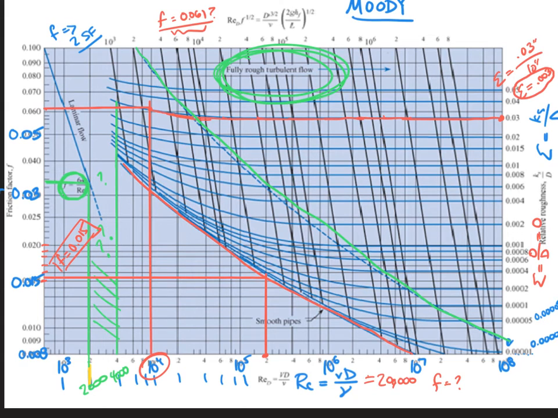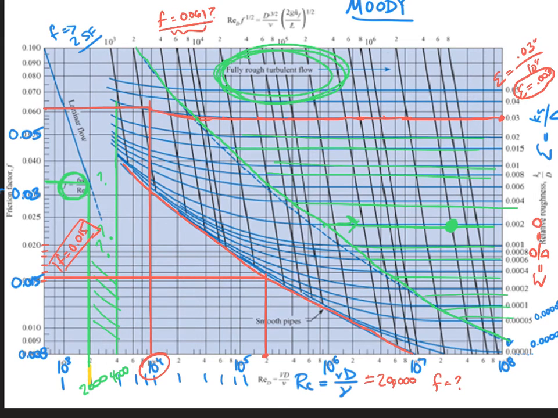And what's cool about over here is that these lines are all flat. So it's easier when they're flat, because you don't have to think too much about it. If this was where our point was, it doesn't really matter what the Reynolds number is once you get above a certain value.